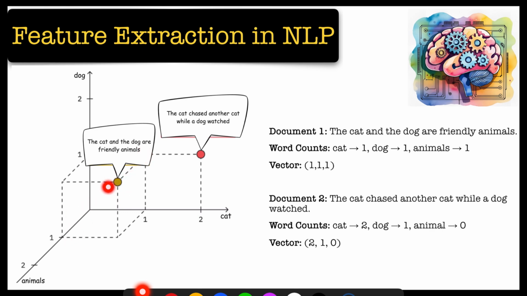This point 1, 1, 1 will represent "the cat and the dog are friendly animals," the first document. For the second one, the vector is 2, 1, 0. So 2 cats, 1 dog and 0 animals. This will represent the second document. So this is how a bag of words represents text.